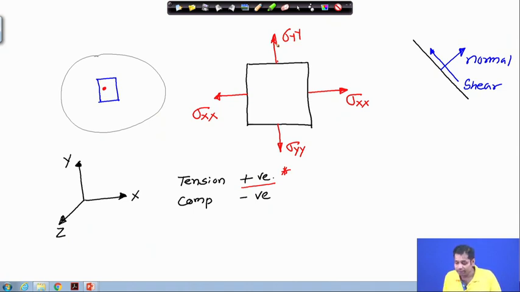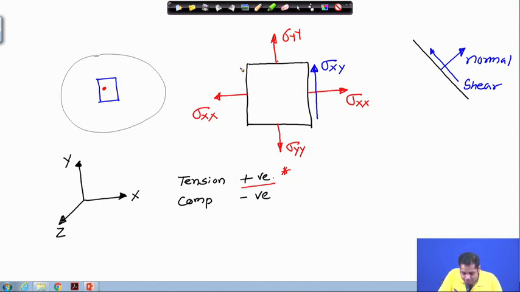Now, then we have the shear component. The sign convention for shear is this. This shear component we write as sigma xy. Again, I will come to why it is sigma xx, and what sigma xy means, and so on.